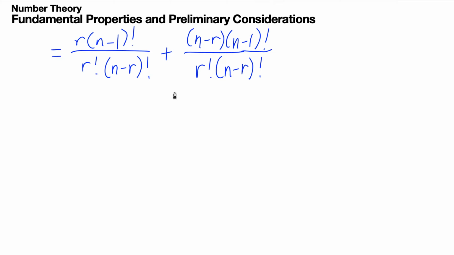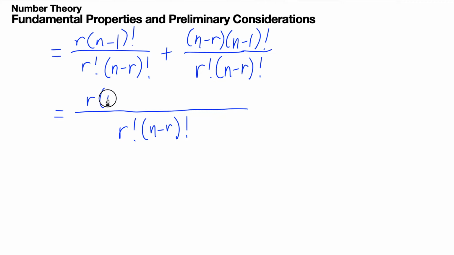So in this part, we can see that the denominators are the same. So I think we can combine them now, put them above one denominator. So we have n minus r factorial. And then we can see here that we can just put it as it is. r times n minus 1 factorial plus n minus r times n minus 1 factorial.